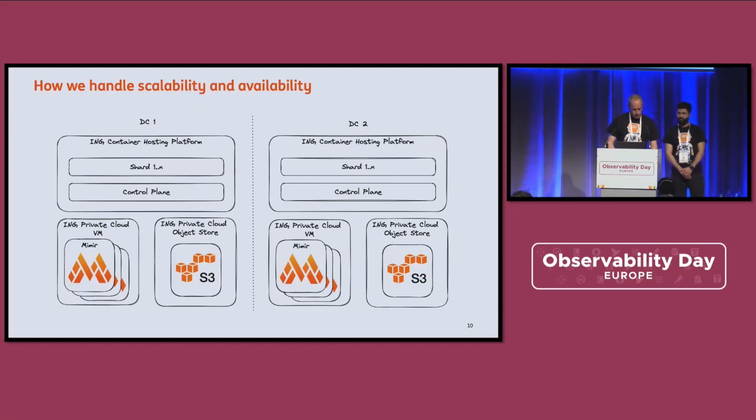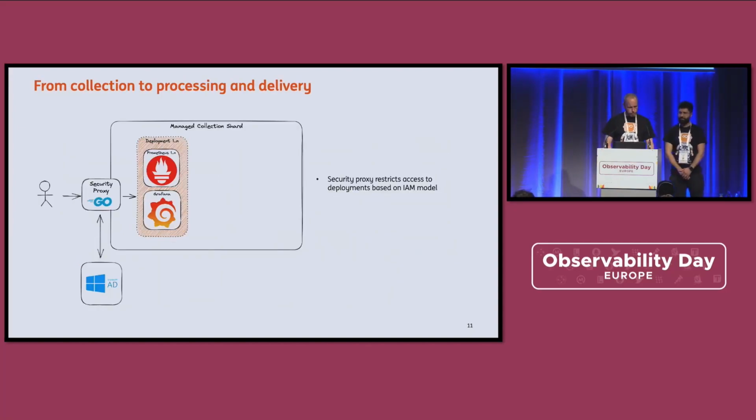So let's have a look at shards and what's in there. If we zoom in on what resides in the shard, we first see the security proxy. The security proxy is something that we built in-house, and it's a reverse proxy between the Prometheus interface and the Grafana interface. The proxy handles a couple of things. First, we present the consumer with the deployments that they have access to.